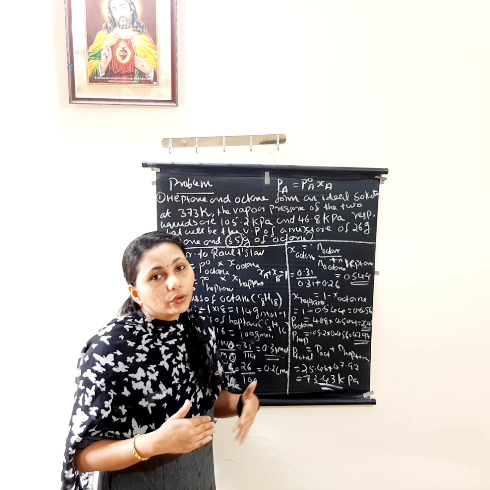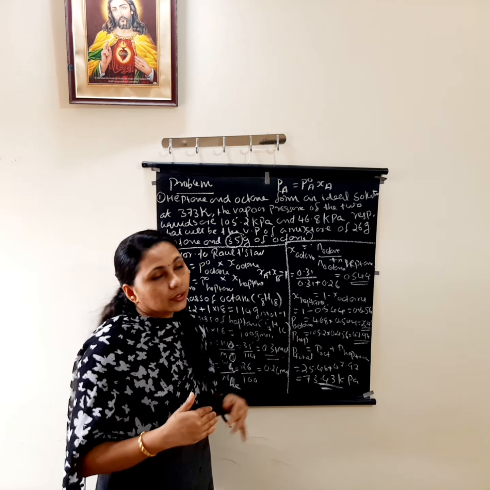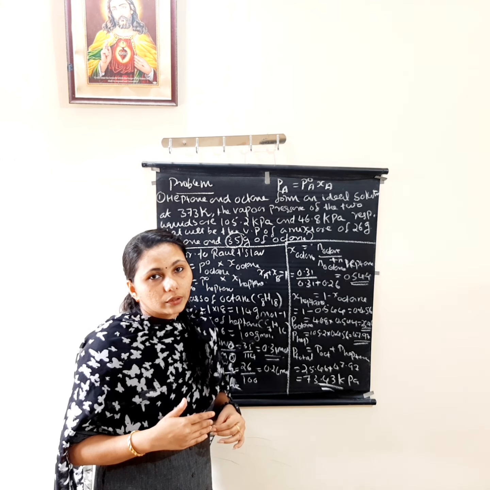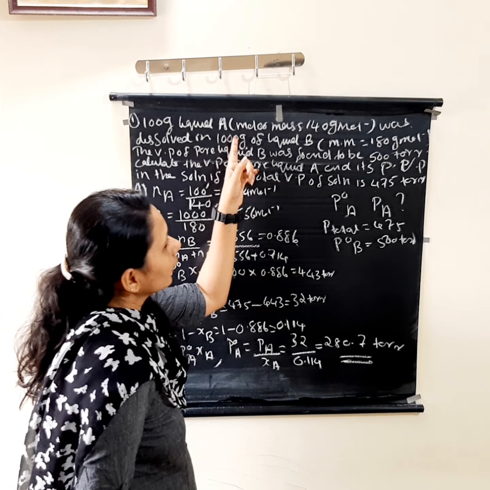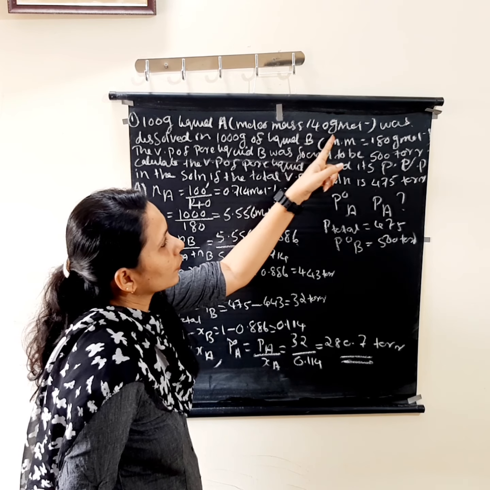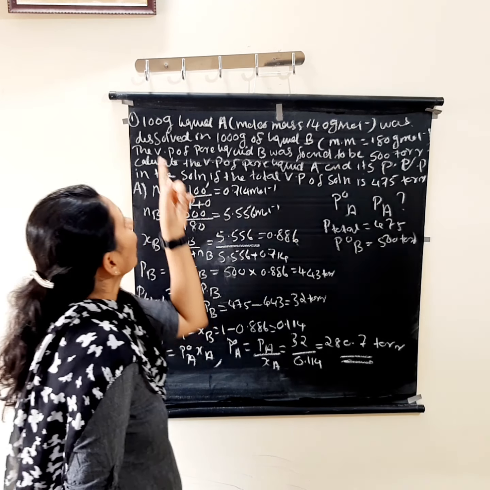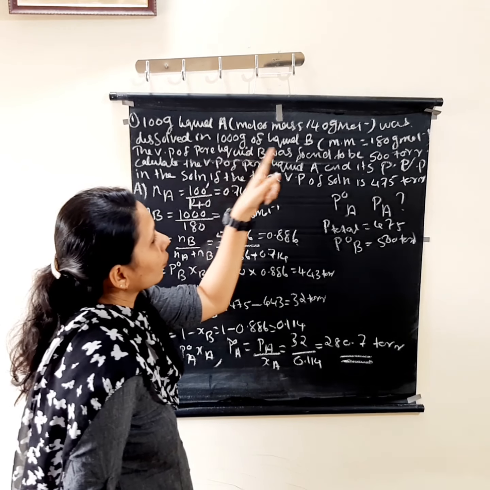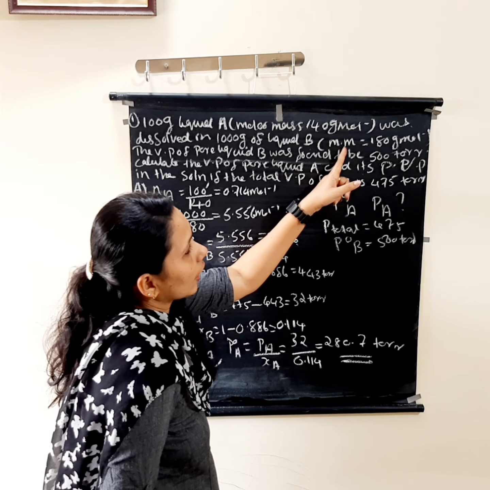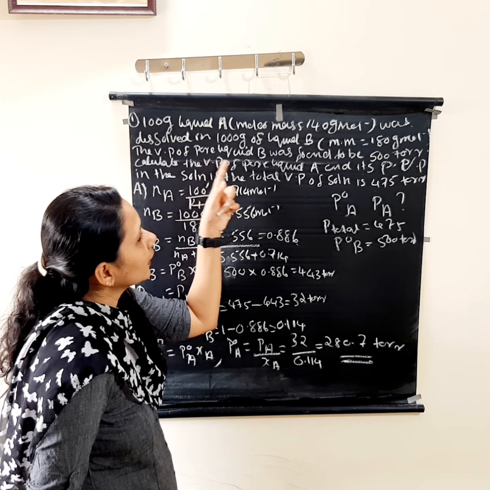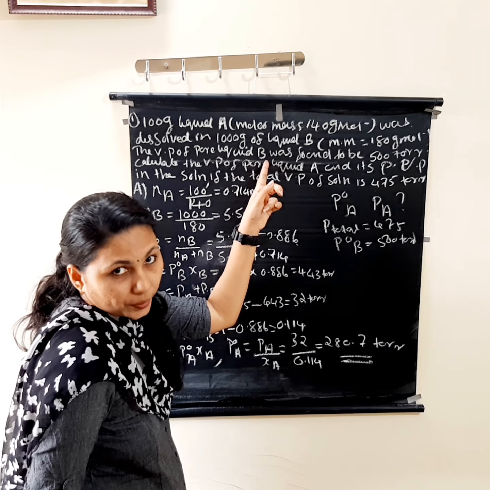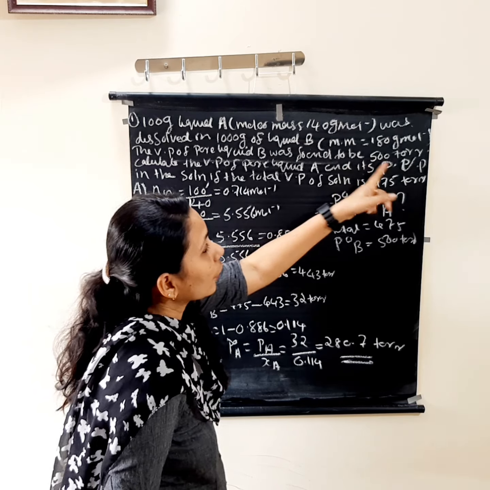So, clear all of you, the problem for calculating the total pressure of the solution. The problem is: 100 gram of liquid A having molecular mass 140 gram per mole was dissolved in 1000 gram of liquid B with molecular mass 180 gram per mole. The vapor pressure of pure liquid B, that is P0B, was found to be 500 torr.